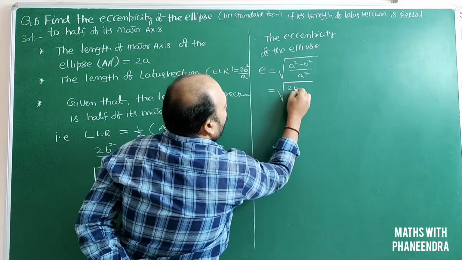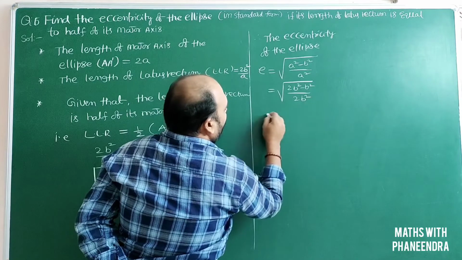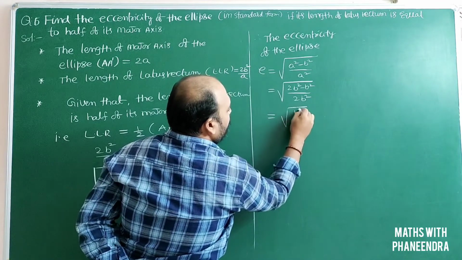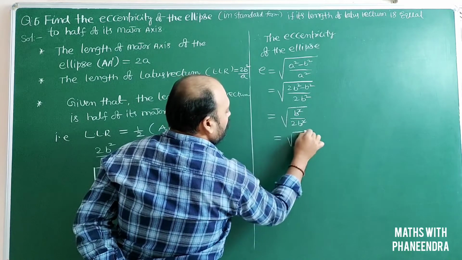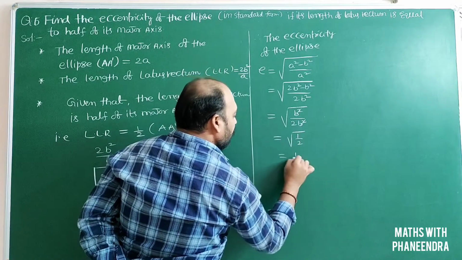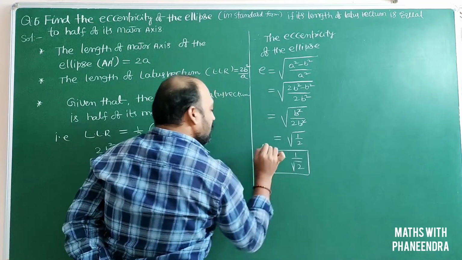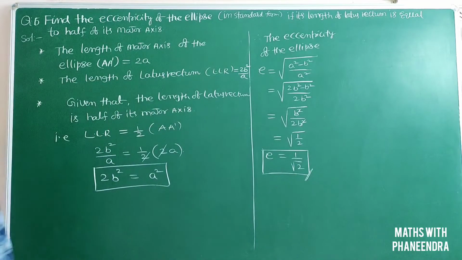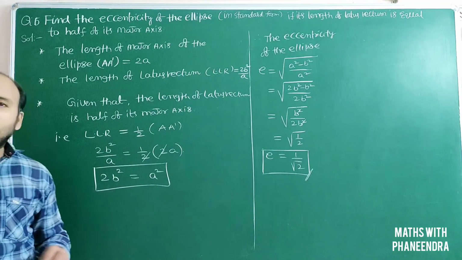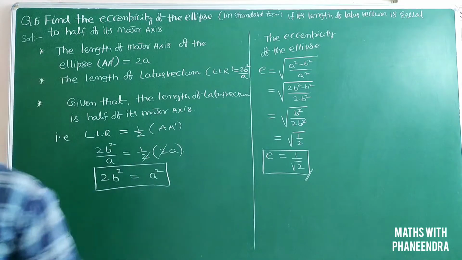So 2b square minus b square by 2b square, which is equal to square root of b square by 2b square. So root of 1 by 2, that is equal to 1 by root 2. So eccentricity e is equal to 1 by root 2 according to the given condition. We will move to the next question and last question in this session.